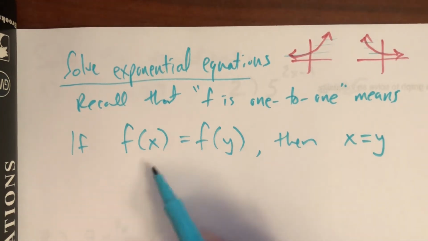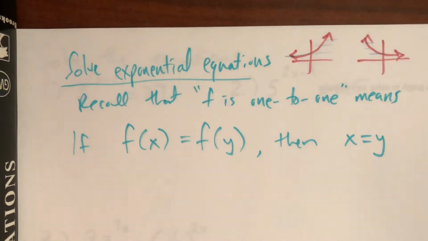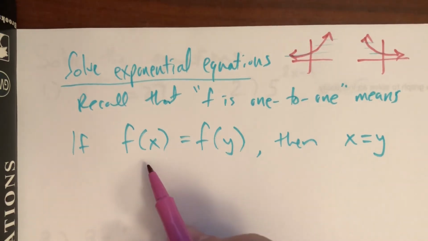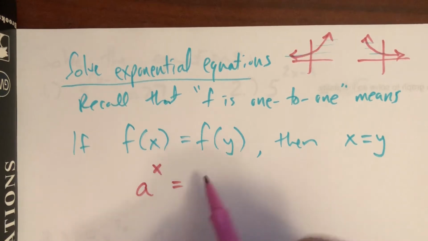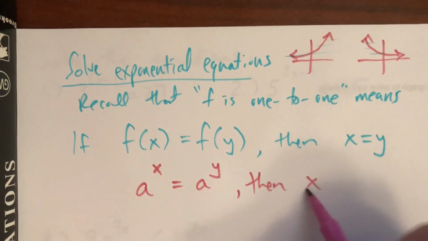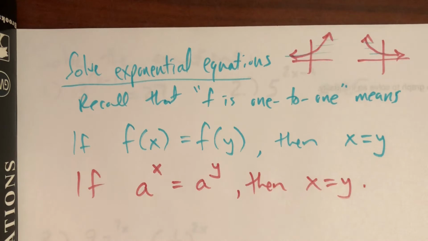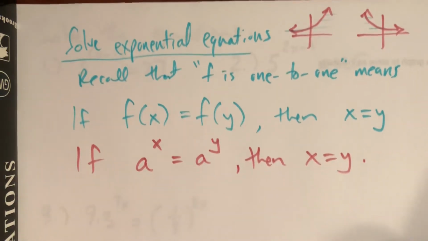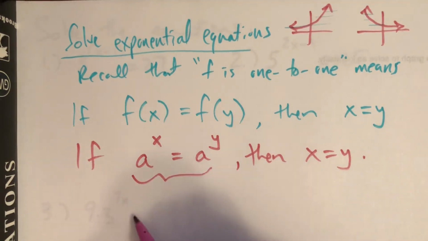So if I've got two outputs that are the same, then the two inputs have to be the same because it's one-to-one. Very specifically, we can phrase this with exponentials: if a to the x equals a to the y, then x is equal to y. What this is saying is that if we can rewrite both sides of an equation with the same base, then the exponents have to be equal.